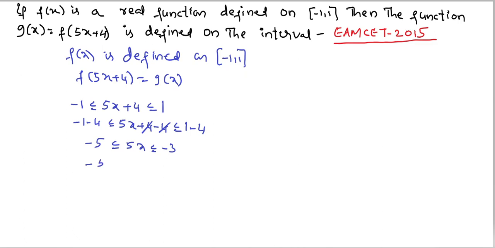Dividing by 5, minus 5 by 5 less than or equal to x less than or equal to minus 3 by 5. Minus 1 less than or equal to x less than or equal to minus 3 by 5. So x is defined in the interval [-1, -3/5].